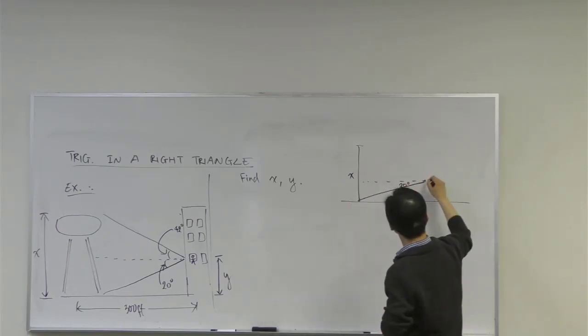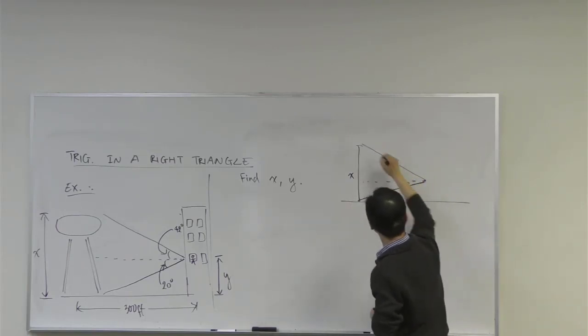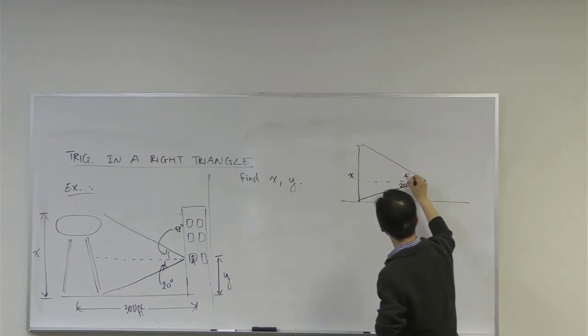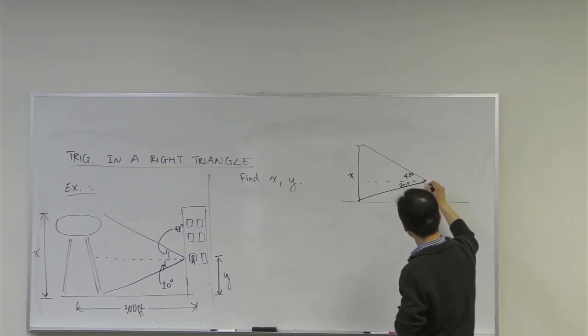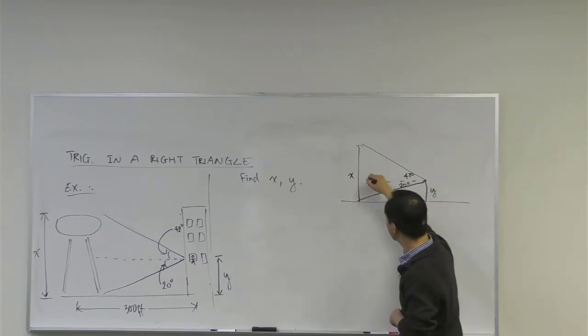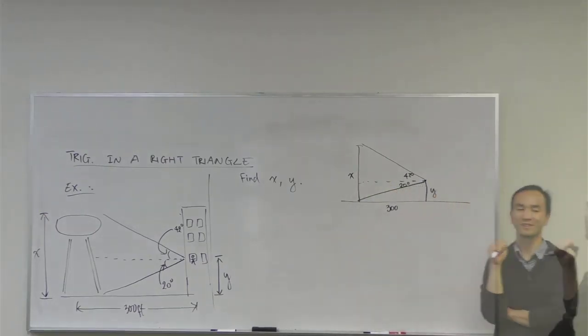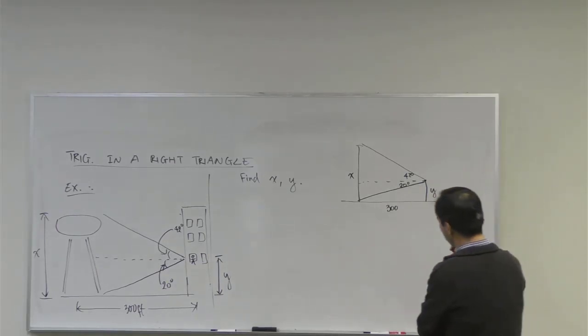And then there's an angle of elevation right here. That's 42. You guys agree there? And then from here, there's a line drawn down. That's length y. So we want to find y and we want to find x. And this length right here is 300. See what I mean? So from our understanding, here's the thing.